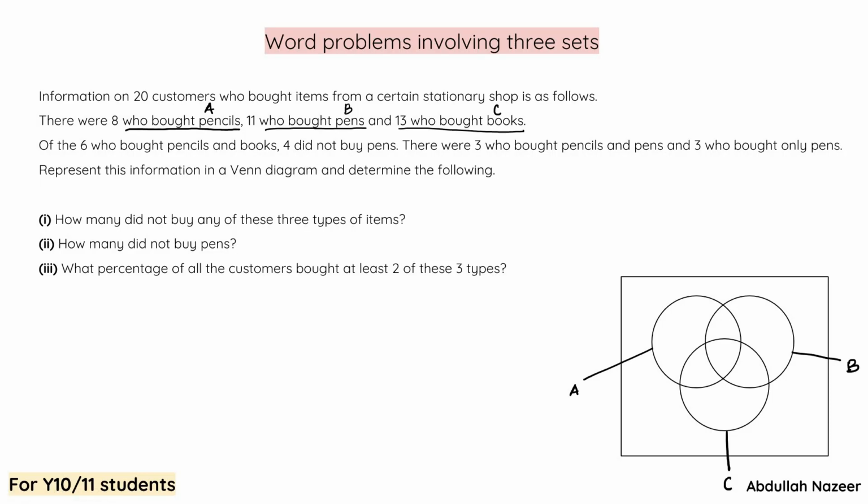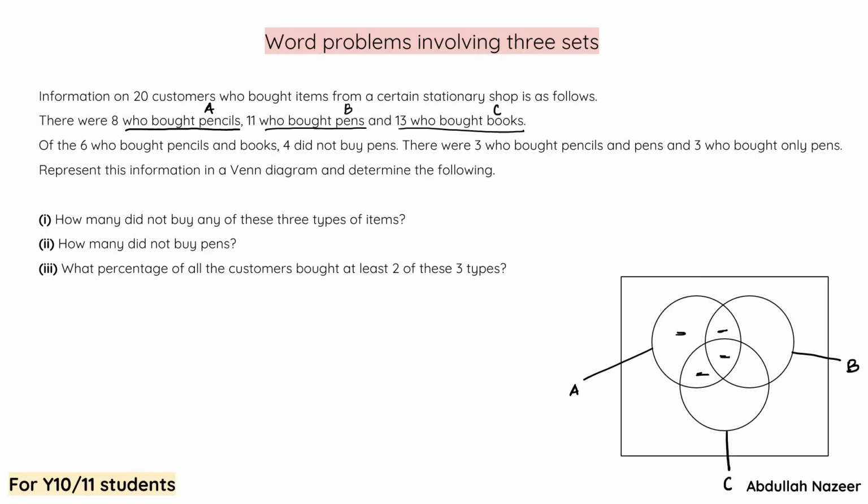And from what they say, we clearly understand that there were 8 people who bought pencils. Now, as we've discussed in our previous videos, we know that this 8 talks about the total number of values that belong to all 4 of these regions, because all these 4 regions belong to set A, which is the number of people who bought pencils. So this 8 is going to be the total of the individual values that fit inside each of these 4 regions.